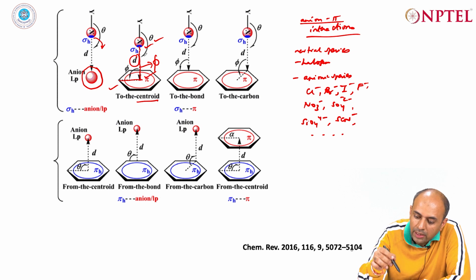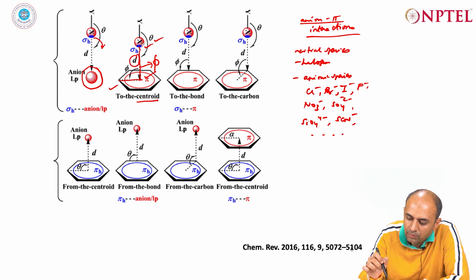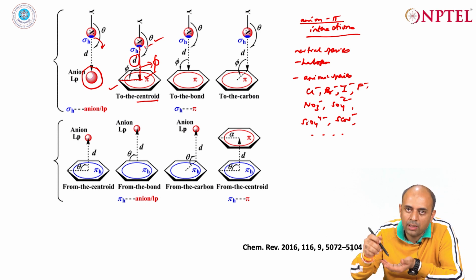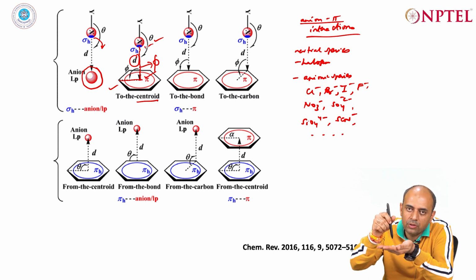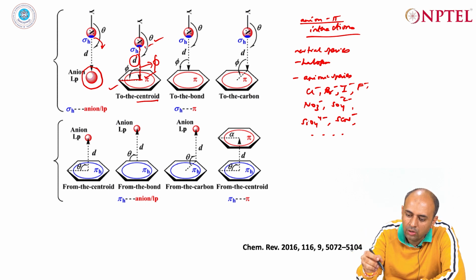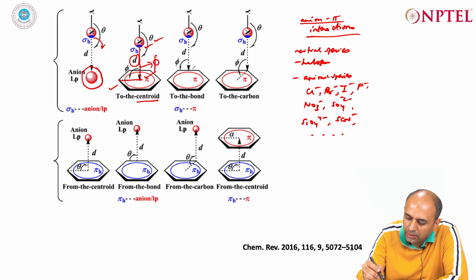We call it halogen centered because it is with respect to the halogen X. Now, it is not necessary that the halogen atom has to come above the plane of the benzene nucleus, towards the centroid. It can also be in contact with the edge of the benzene nucleus, that is, the sigma hole is interacting with the bond.